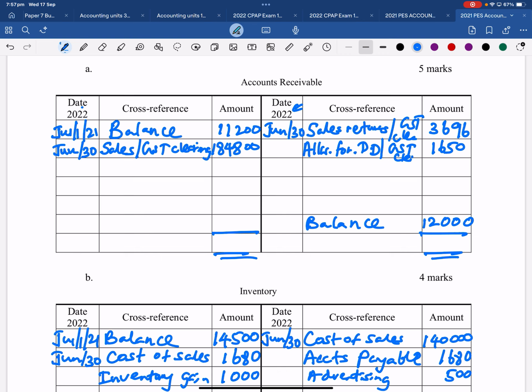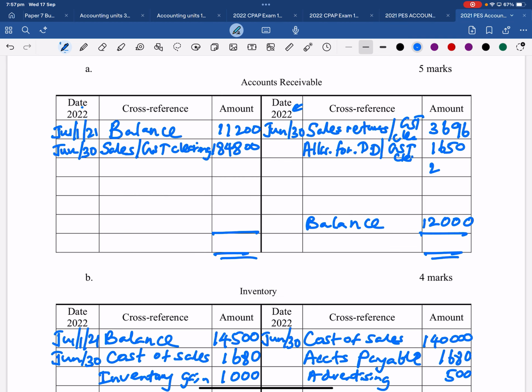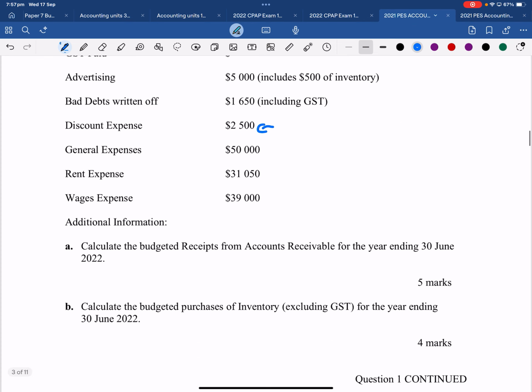So accounts receivable, 2500. You credit saying discount expense. Right, 2500. Basically, I think that's it, because that's all we can record. Yeah, that's it. We don't have anything else that we can record.